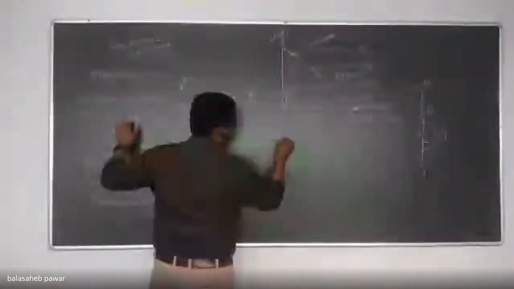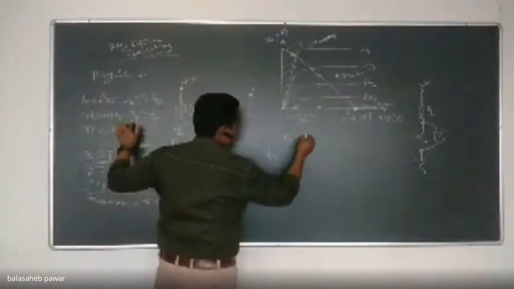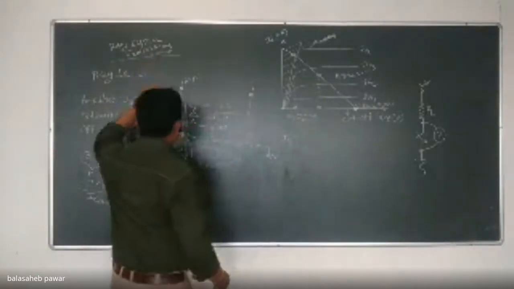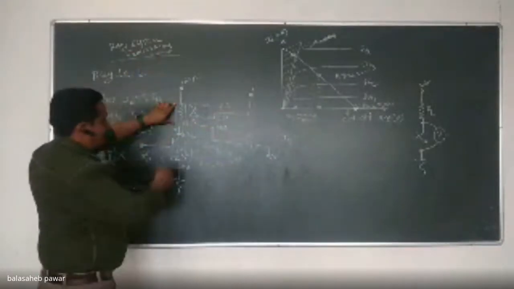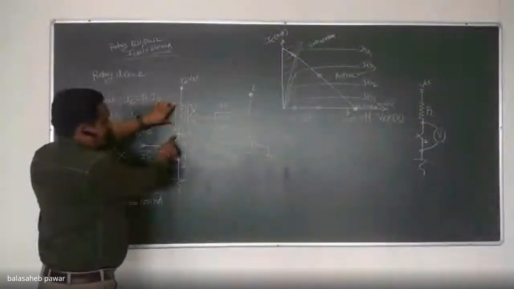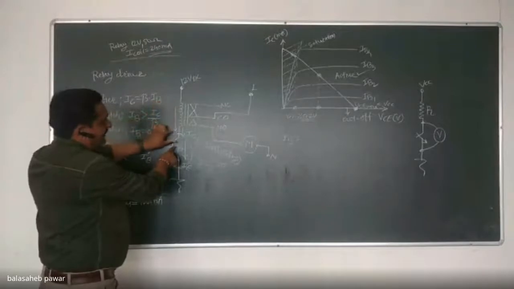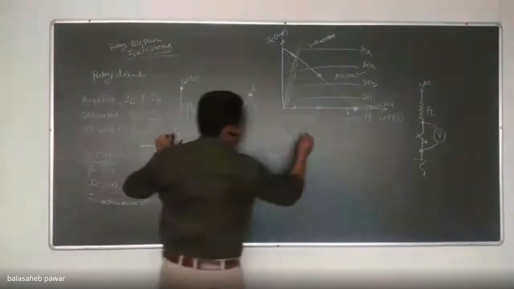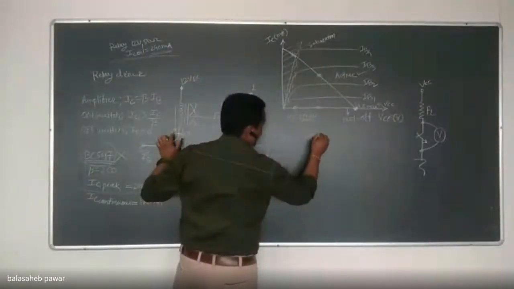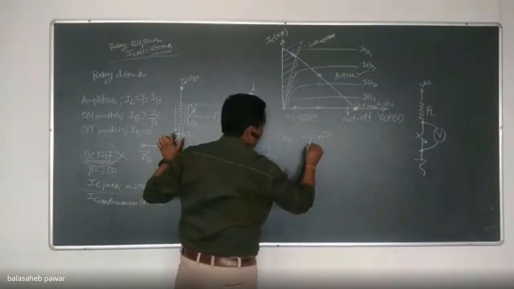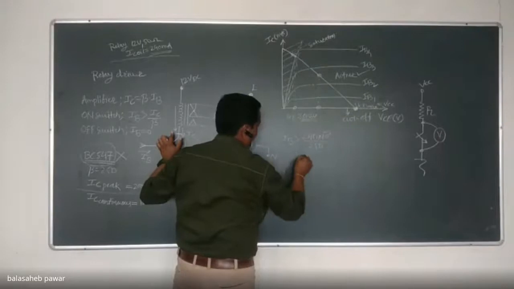Therefore, IB should be greater than IC, which is nothing but the coil current, because that relay is connected in series with the collector terminal of that transistor, and whatever coil current there is, the same current is the collector current of that transistor. Therefore it should be 240 into 10 raised to minus 3 divided by 250. Beta is considered as 250.